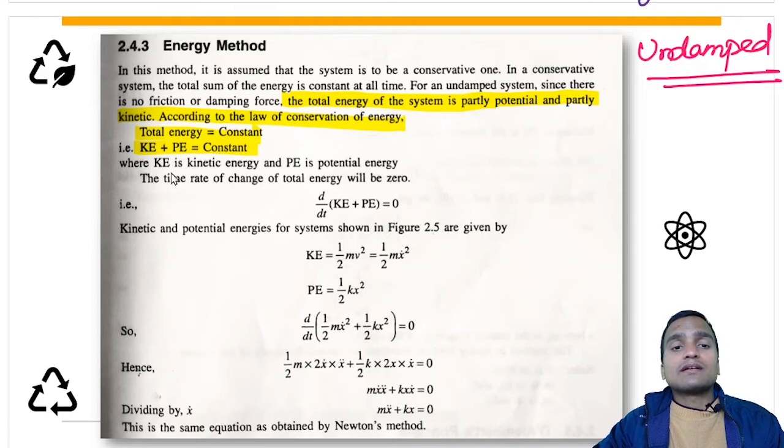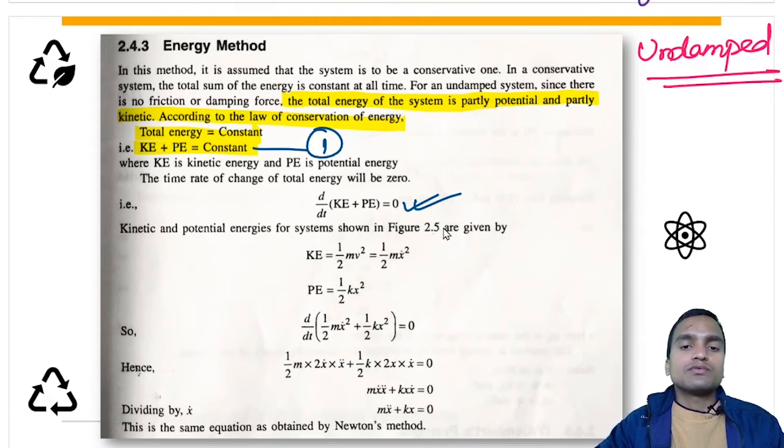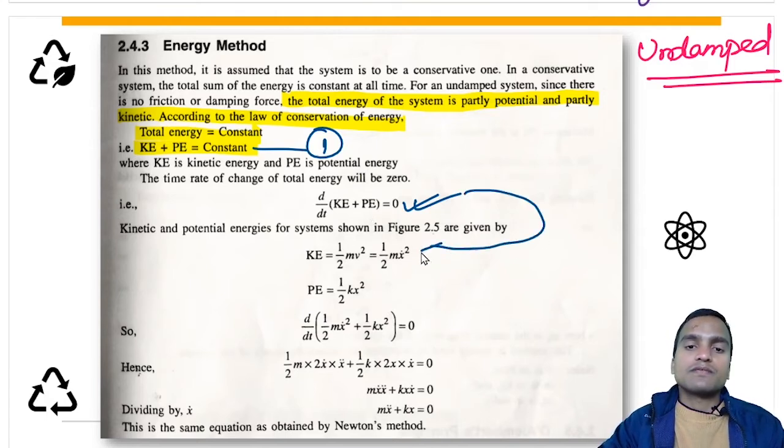And if we differentiate this equation here, the constant will be differentiated as 0, because differentiation of a constant is 0. So after differentiating this equation, we arrive at this. First of all, let us differentiate kinetic energy and potential energy separately.